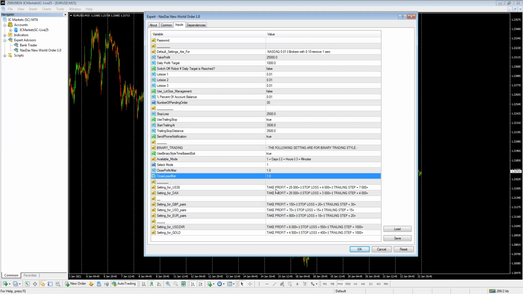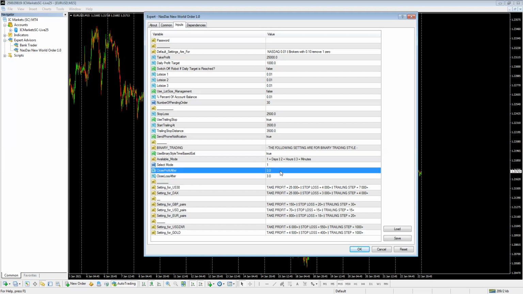Same thing, if the trade is going against you, the robot will not close the trade the whole day. It will only close it when the market is closing at 12. So if you want to day trade using time-based, you can do this. Just put it on 1 day and then you run the trade for 1 day. If you want to swing trade using time-based, you can say you want the robot to run for days, for example 3 days.